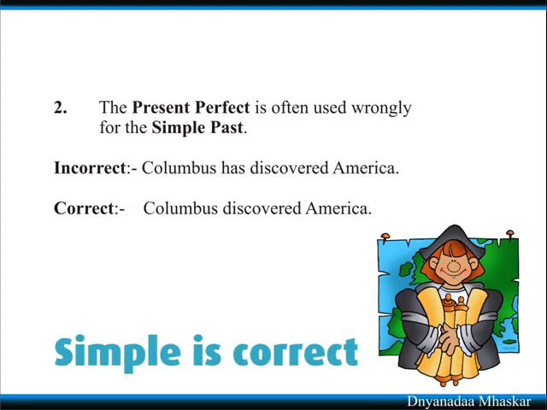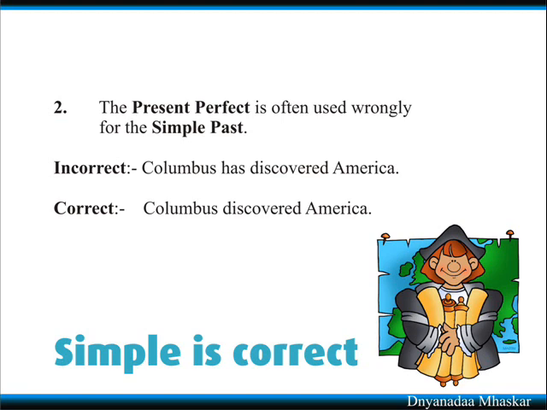The second error that we commit, the present perfect is often used wrongly for the simple past. Columbus has discovered America is the incorrect sentence. The correct sentence is Columbus discovered America. Now, what is the difference between these two? Let us understand. When we learn present perfect, we saw that it is about an action which has got over just now, but the effect of that action can still be felt.